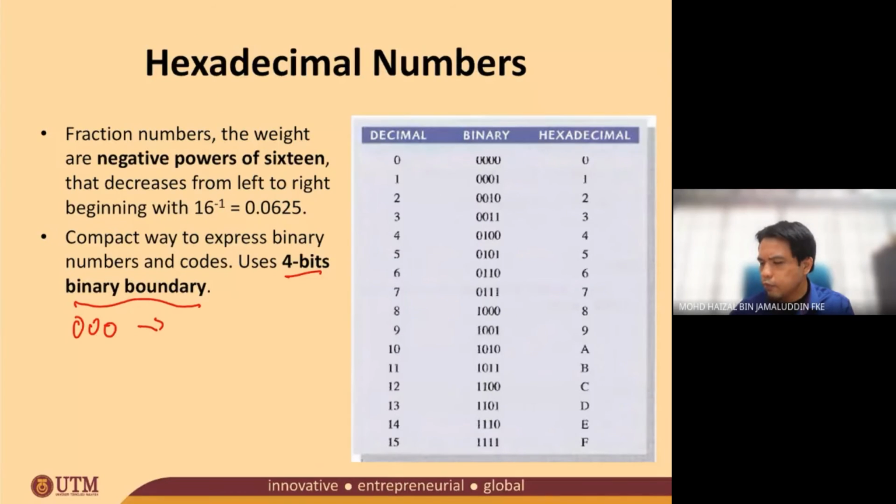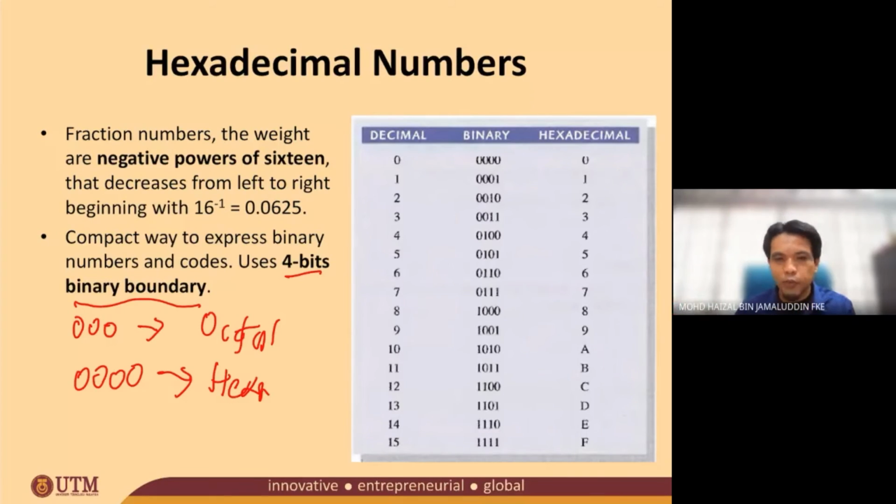For hexa, you need to have 4 bits. Previously, I advised you to make a short table. You can sketch anyway for easy transformation between octal and binary. And you can do the same thing, the transformation between binary and hexa.